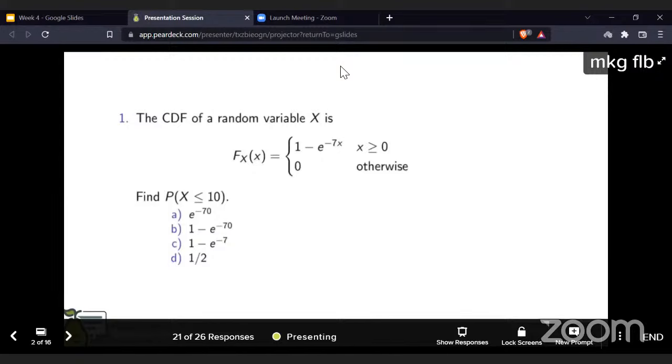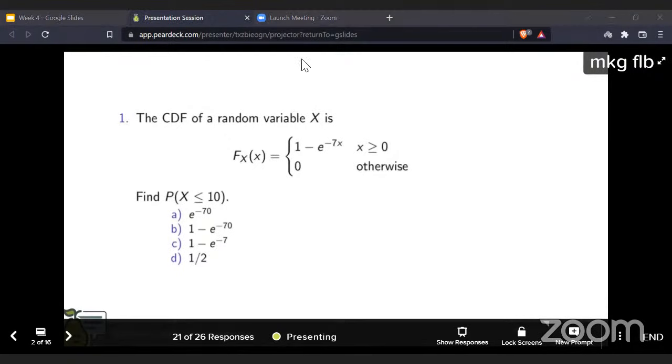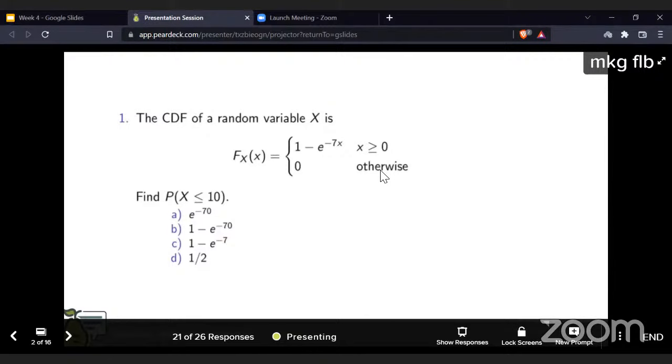Is it okay? Why B is the correct answer? Is it clear? Yes, ma'am. Clear. Okay. I have a doubt here. Yeah, please. Ma'am, should we integrate this one or no? Integration is not required, but you can also integrate if you want.